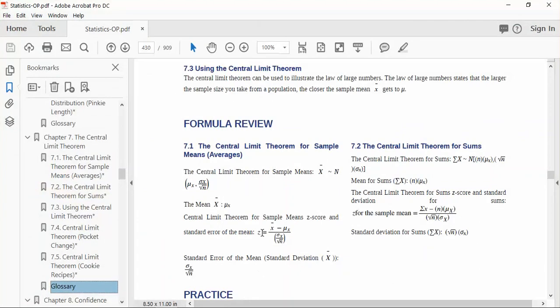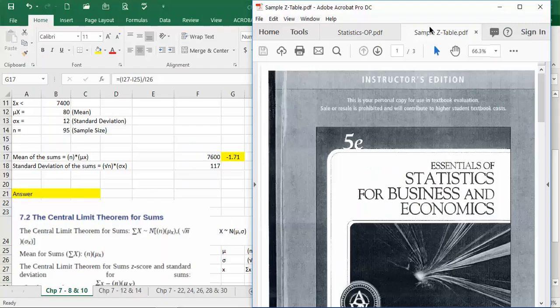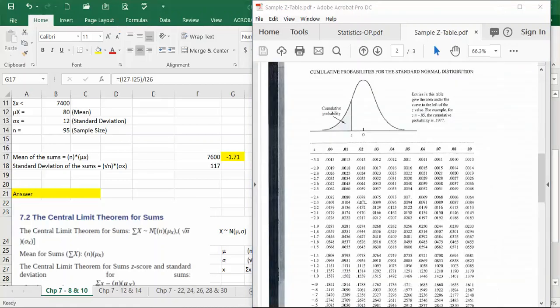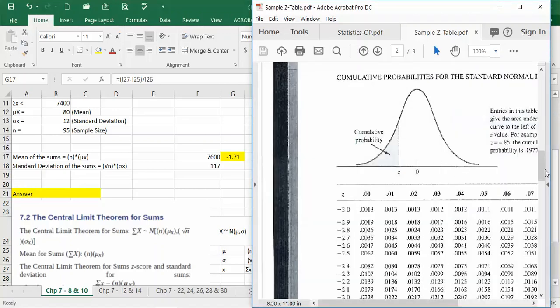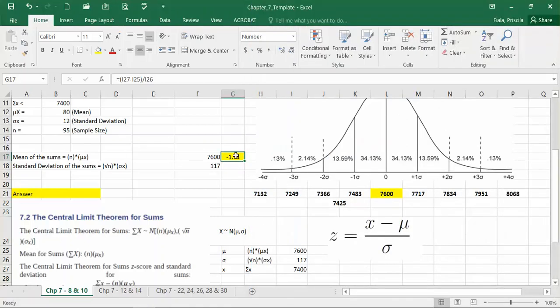We're going to refer to the z table that we used so many times in chapter 6. So we found the z value of minus 1.71. Okay, don't confuse it with the mean of the sums.